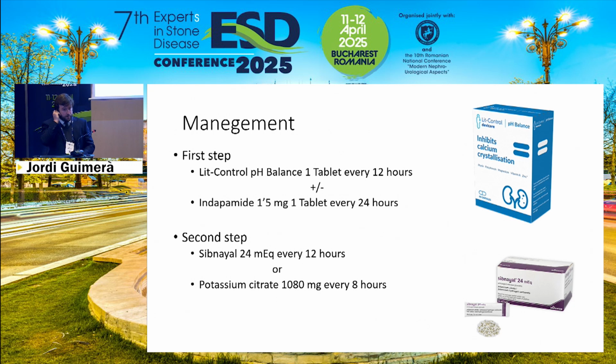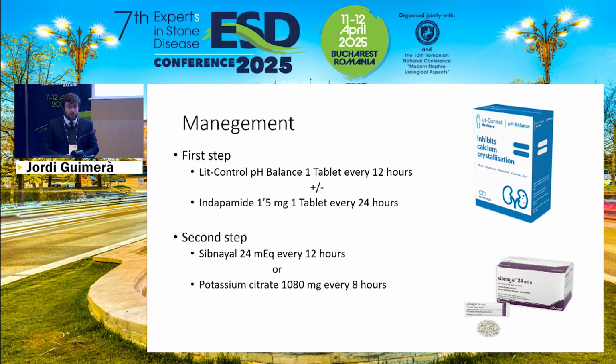So the management, that's what I practice in my hospital. The first step, I use Lead Control pH Balance, 1 tablet every 12 hours, because it has a very good dose of phytate and also has magnesium.